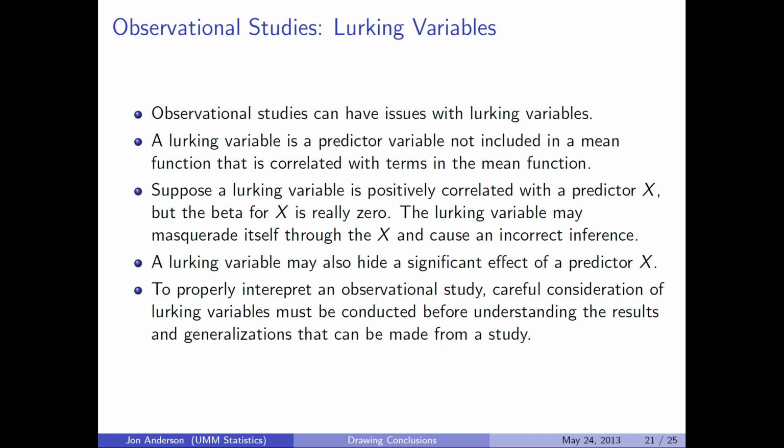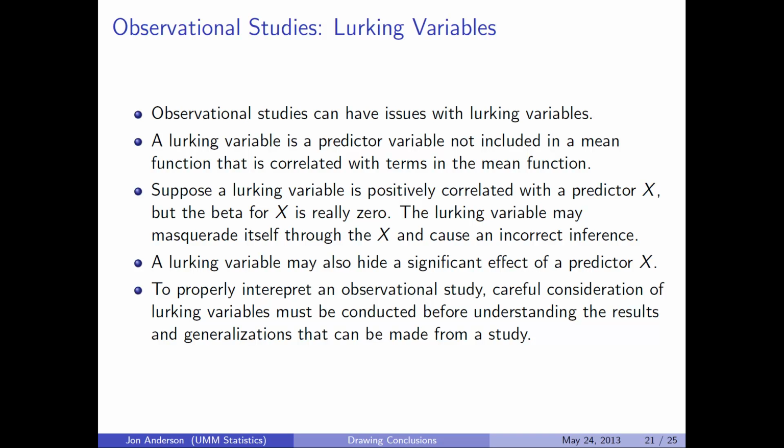Remember, the lurking variable is related to the response, and the lurking variable is related to this poor predictor x, which has just happened to be in our model, and because of the correlation between the lurking variable and x, it's going to make it look like our x is a significant and important part of the response function, and we make an incorrect decision.